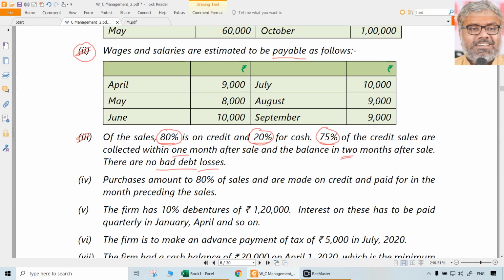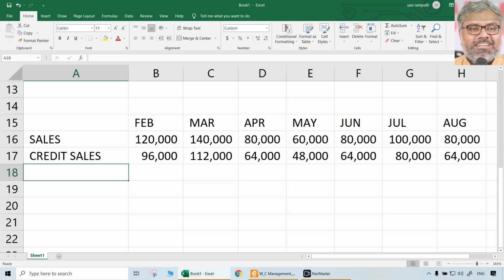What was told? 75% of the credit sales are collected within 1 month after the sale, and the balance in 2 months after the sale. So, for example, if collection of February credit sales happens, 75% happens in March.